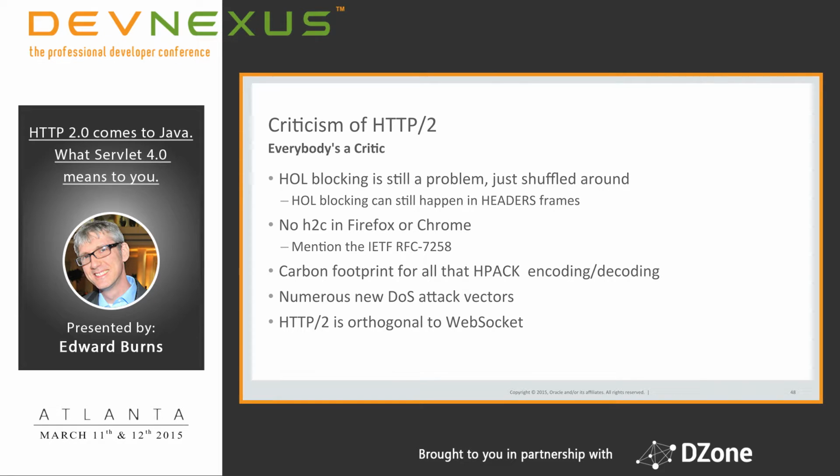So that was a concern. Another big problem was Firefox and Chrome have decided that there is not going to be any plain text HTTP2. So if you're doing HTTP2, it's always going to be SSL based.